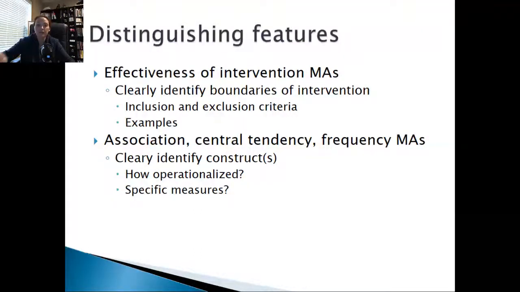All right. So let's talk about associations, central tendency, and frequency metas. Here you're going to want to identify your construct very clearly. So how are you going to operationally define what it is that you're looking at? Let's say for association, so correlation, you're wanting to look at the relationship between well-being and depression.